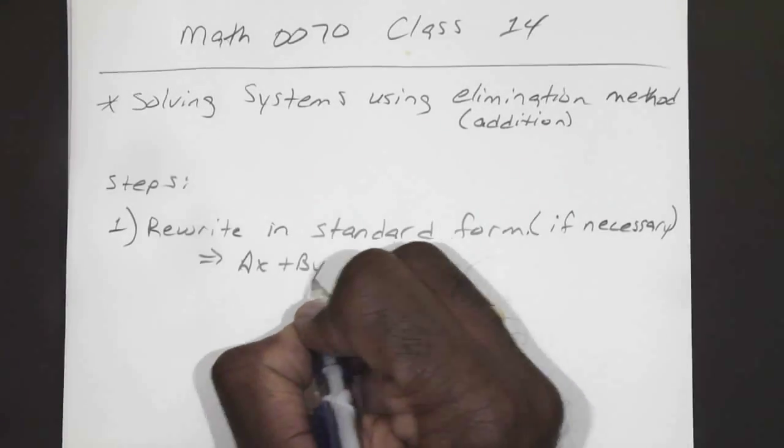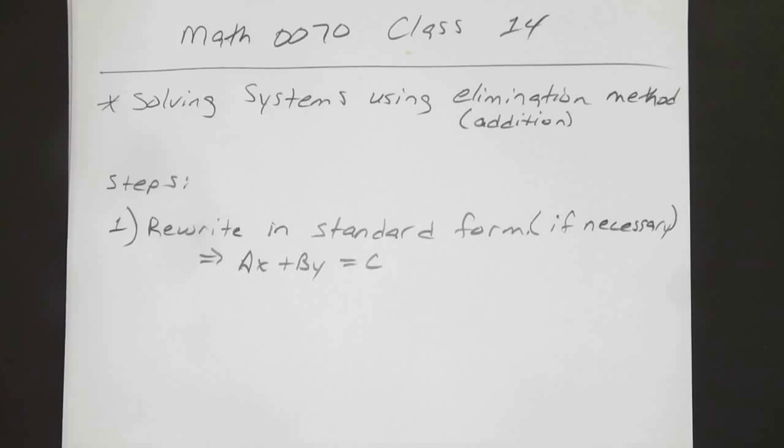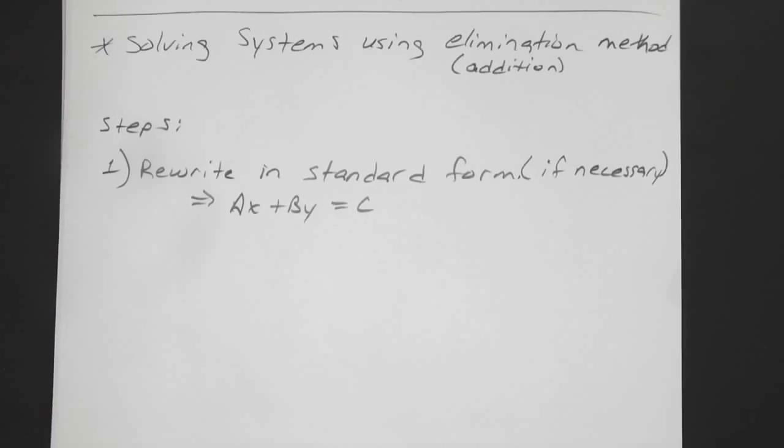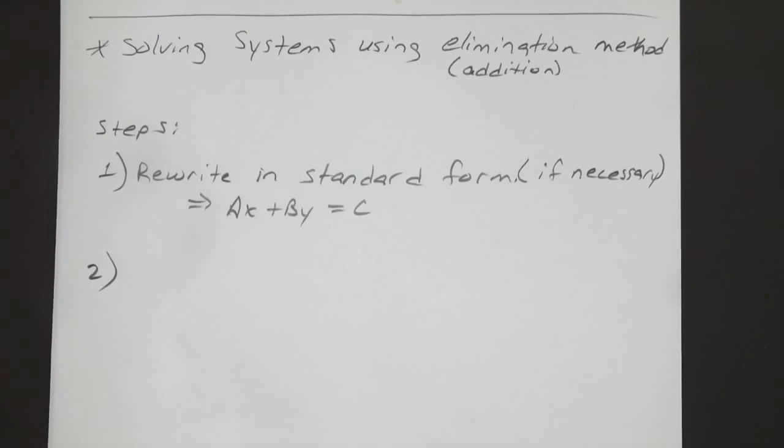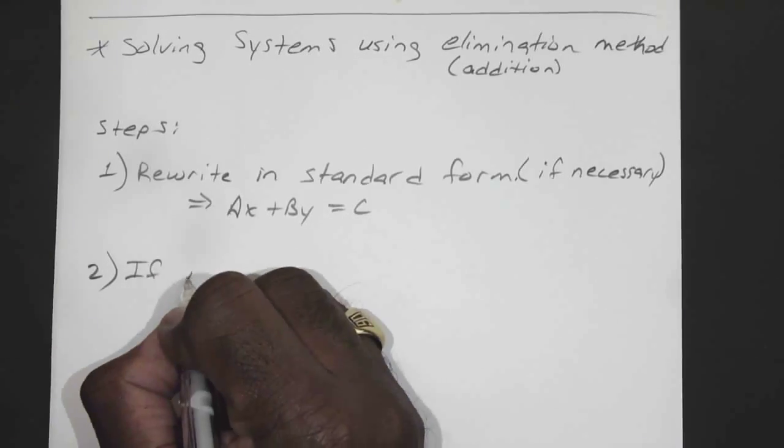And that's ax plus by equals c, where a, b, and c are just numbers. So this step, sometimes it's necessary, sometimes it's not.